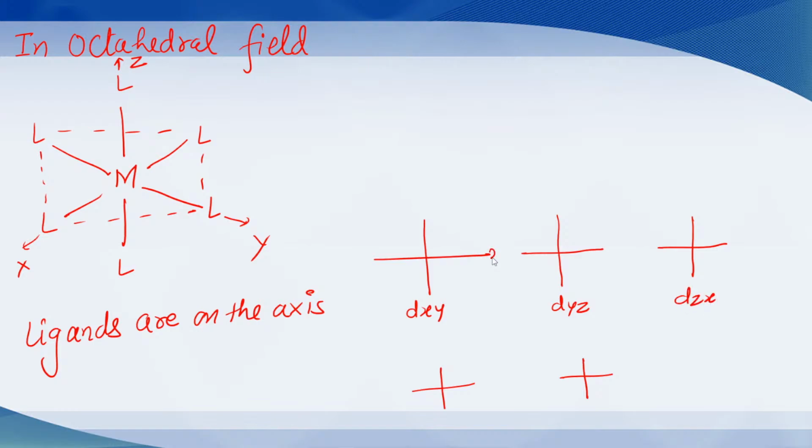They are of the same type, because in these cases lobes are in between the axis. Because x, y, z are perpendicular to each other, we are showing only two axes. Like in dxy, we need x and y axis, because lobes are in between the x and y axis. So we will write it like this.